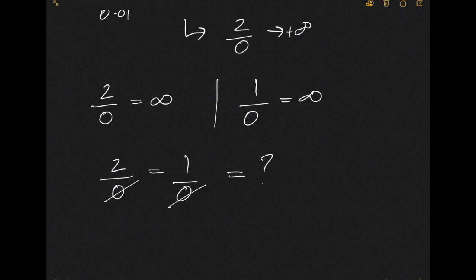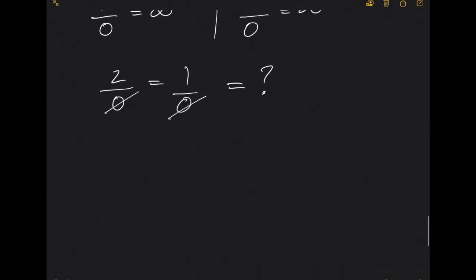That's not correct. So actually, if you put 2 divided by 0 into your calculator, you would see that it becomes an undefined number. And it's undefined because dividing by 0 is actually undefinable.